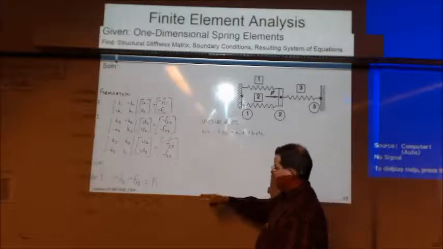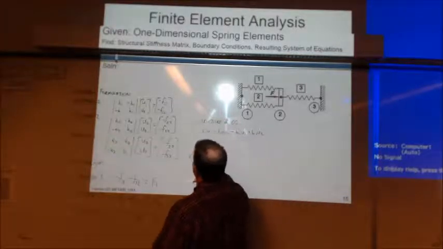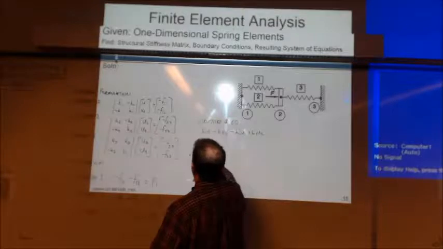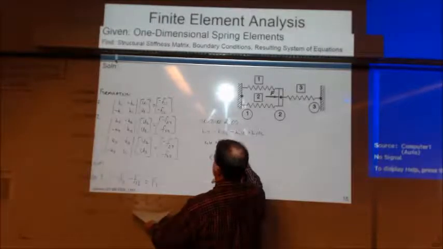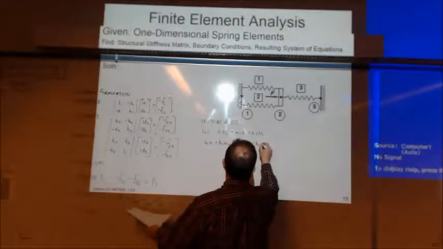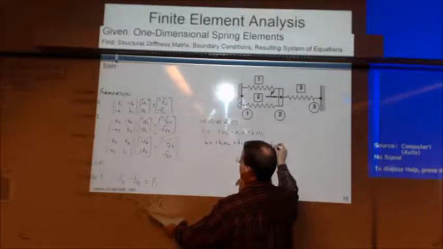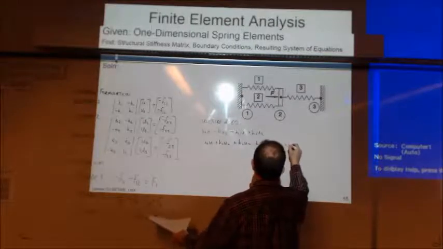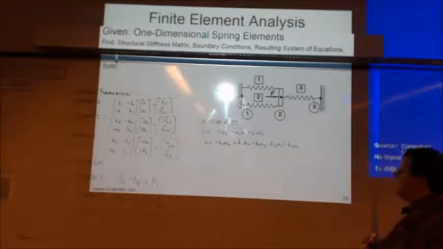So now I'm starting out with 1, 2, right? So 1, 2 is going to be minus K1U1 plus K1U2. 2, 2 is plus K2U2 minus K2U3. And 2, 3 is minus K2U2 plus K2U3. Okay, did I get that right?